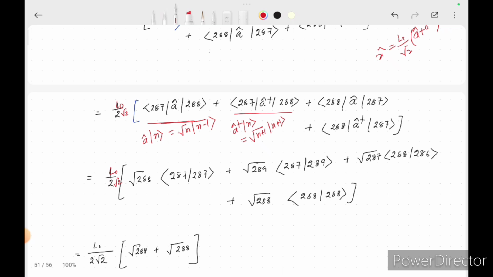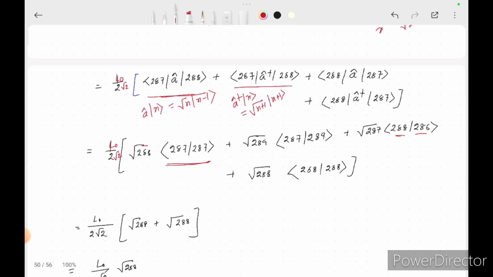So after applying those formulas, for the first part we get a root factor times the scalar product of two states. For the next part we get the scalar product between two different states. For the third part we get a root factor times the scalar product between two states, and for the last part we get a root factor times the scalar product between identical states.